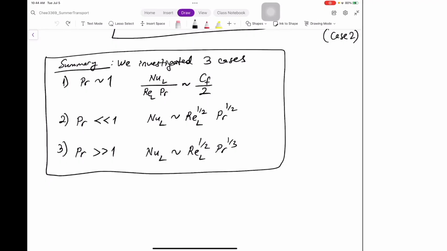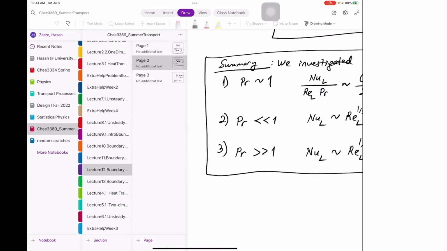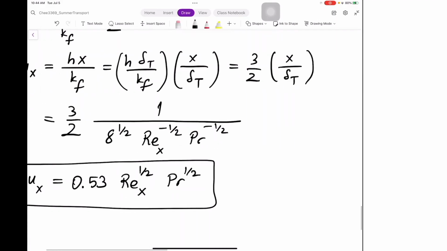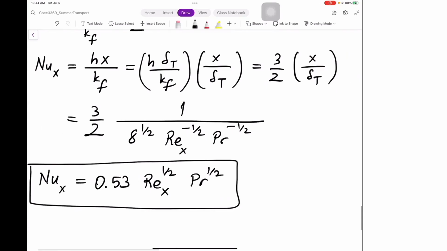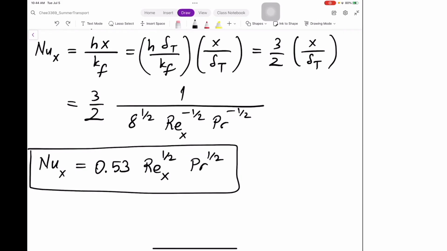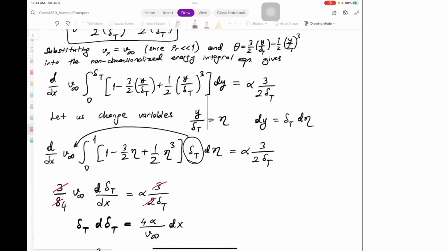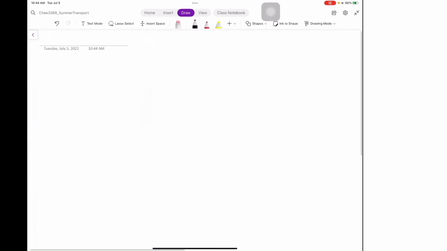The more accurate, although still approximate, analysis gave us the same answer. We just didn't know the proportionality constant, and now we were able to calculate it. Now let's look at another case, if you don't have any questions about this.